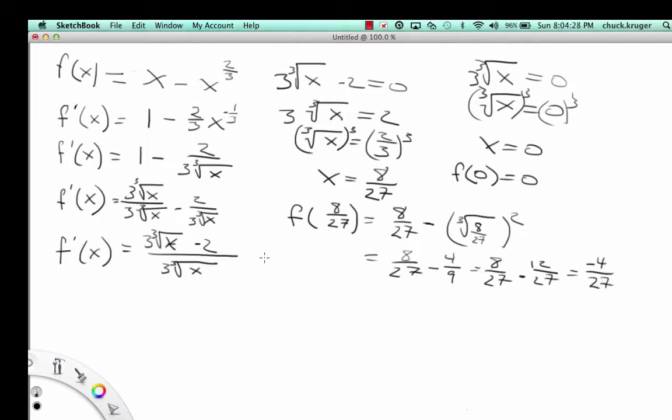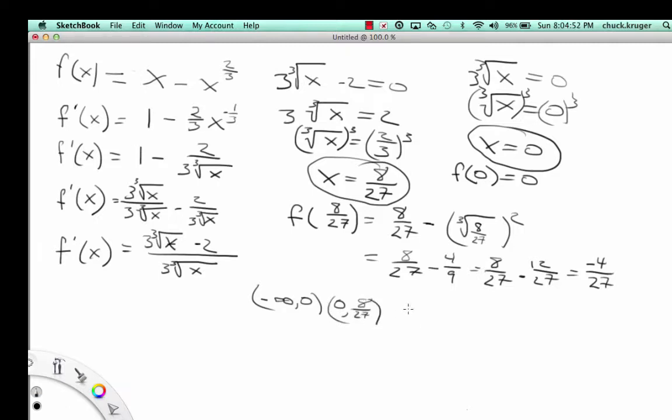All right, I'm going to look at my intervals here. Again, these are my critical numbers: x equals 0 and x equals 8/27. So I have negative infinity to 0, 0 to 8/27, and 8/27 to infinity.